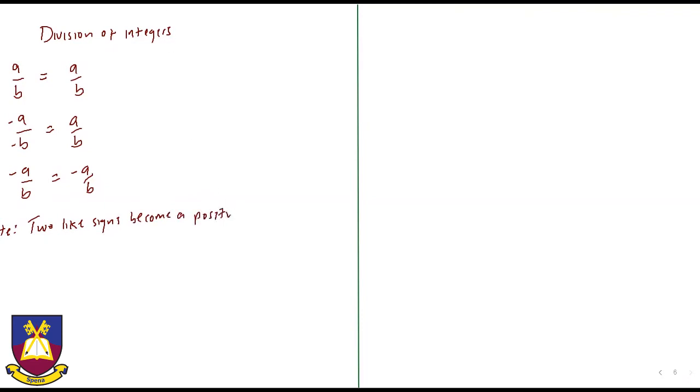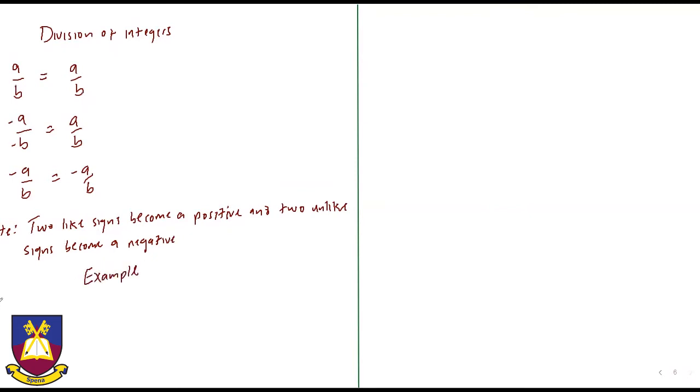Two like signs become a positive, and two unlike signs become a negative. Two unlike signs become a negative. So we could take a very brief example.